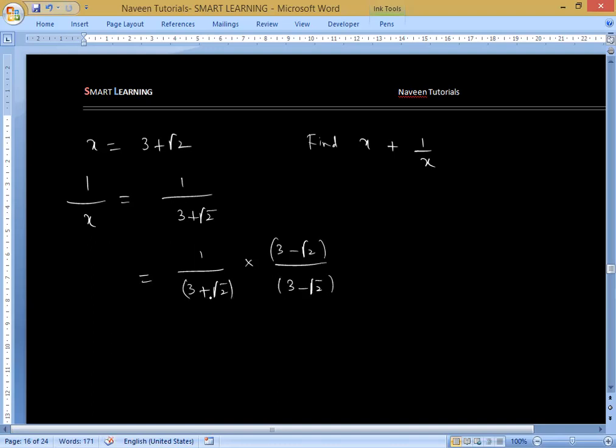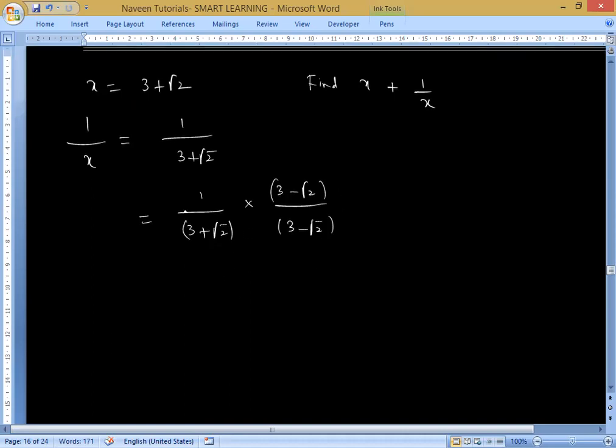Plus is there, so I'm multiplying both numerator and denominator with the negative symbol. Then 1 into 3 minus root 2 is 3 minus root 2 by a plus b into a minus b, that is 3 plus root 2 into 3 minus root 2.